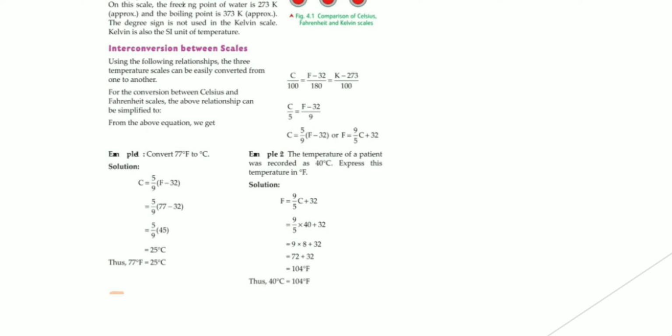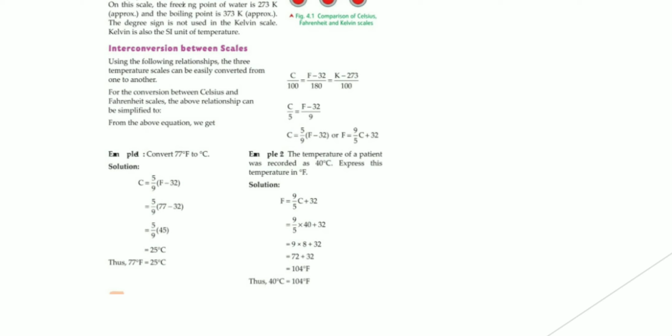So we will write 5 by 9. Instead of F, we will write 77 minus 32. So this will give 5 by 9, and subtracting 32 from 77, we will get 45. That is equal to 25 degree C. Thus, we can say 77 degree F is equal to 25 degree C.